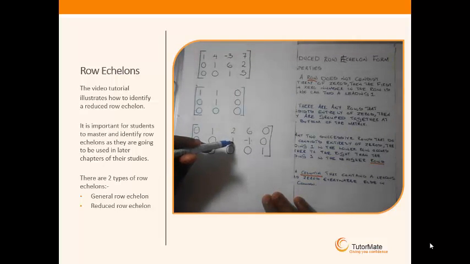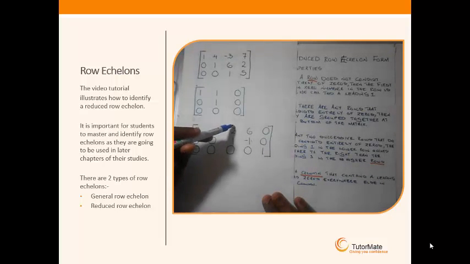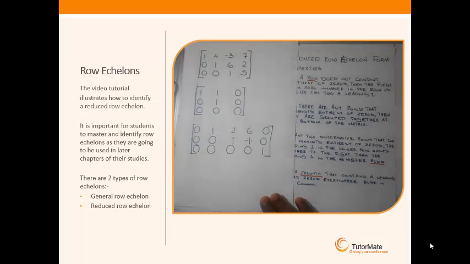Because this is the leading one and there's a 2 here, there's supposed to be a 0 here for it to be in reduced row echelon form. The same here. If there was a 0 here and this was a 6, this would have been in reduced row echelon form. So the problem that caused it not to be in reduced row echelon form is this 2. Okay.